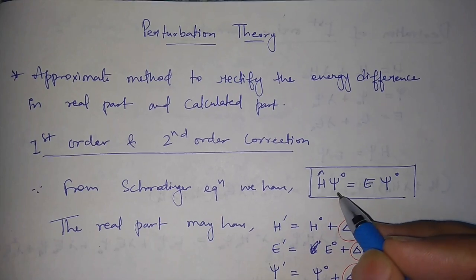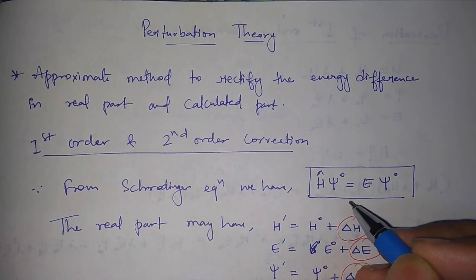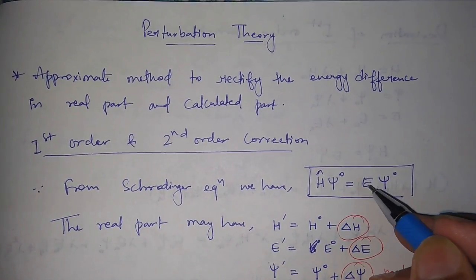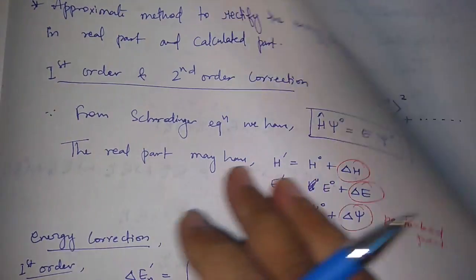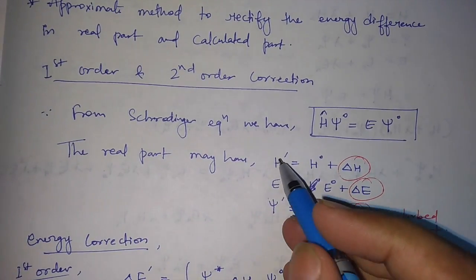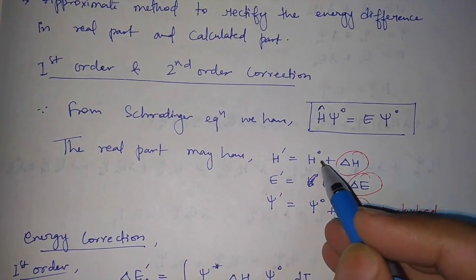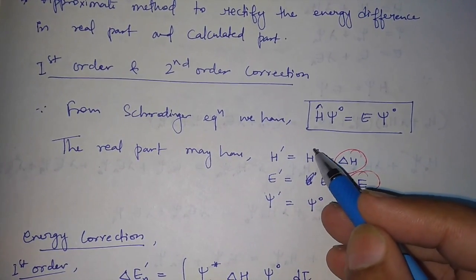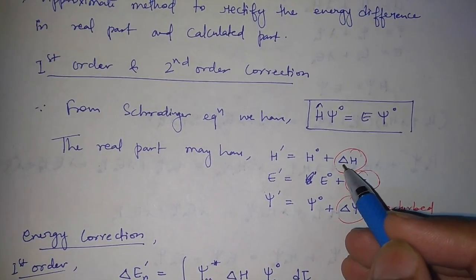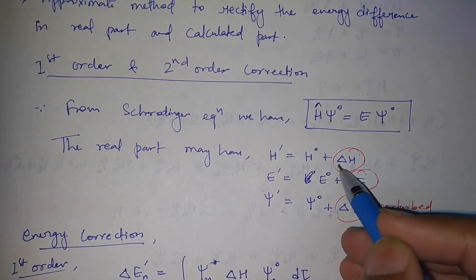So this is what the basic or simplest form of your Schrodinger equation tells you. Now the real part which you will solve, it may have a Hamiltonian that will have the value for the exact part, that means for the real part, and it will also have some error in that.